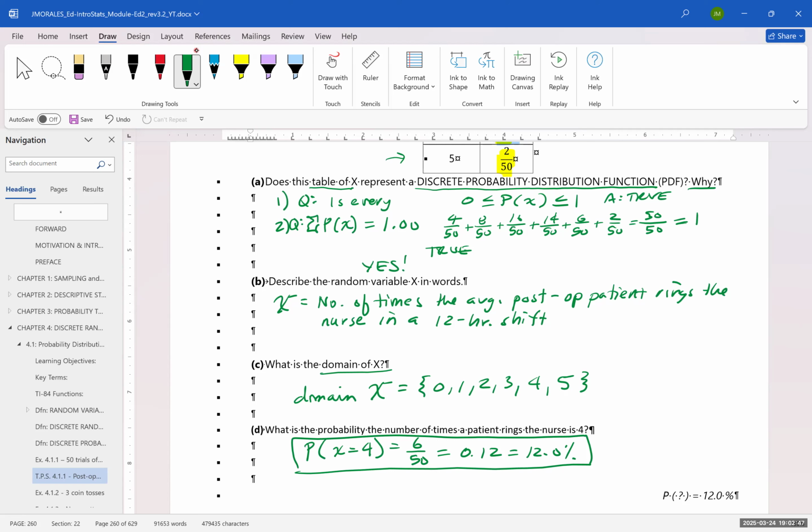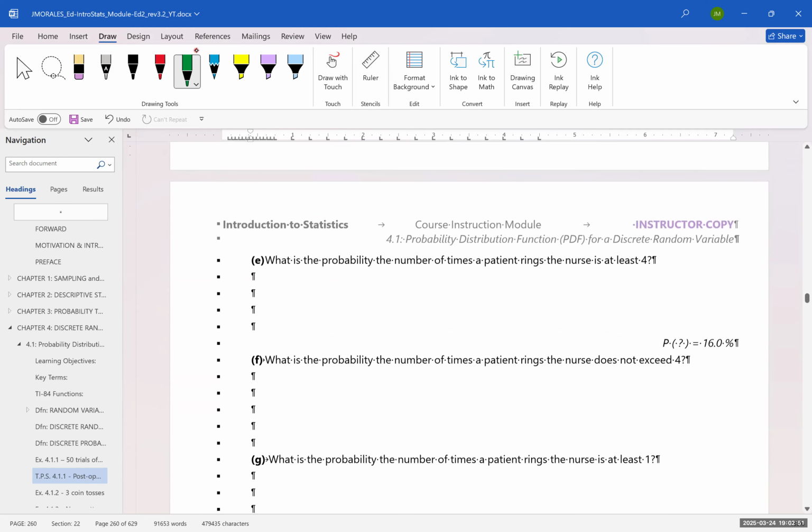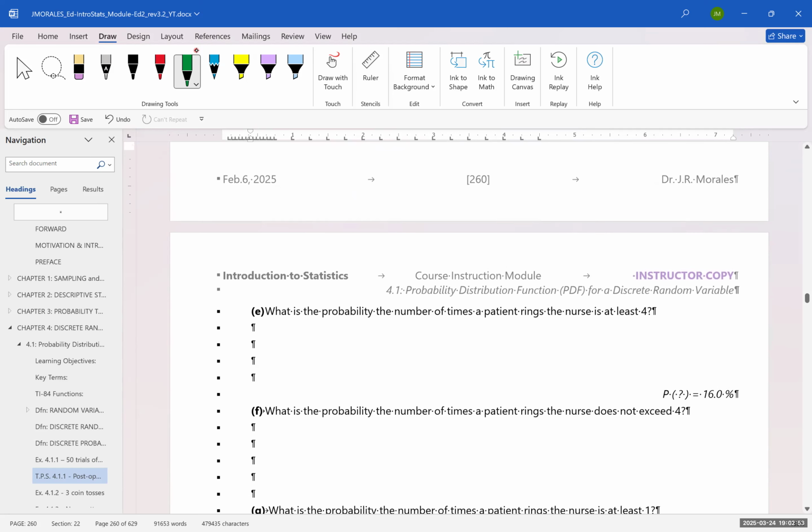All right, let's move on to part E. What is the probability the number of times a patient rings the nurse is at least 4? So the hard part is trying to interpret what at least means.